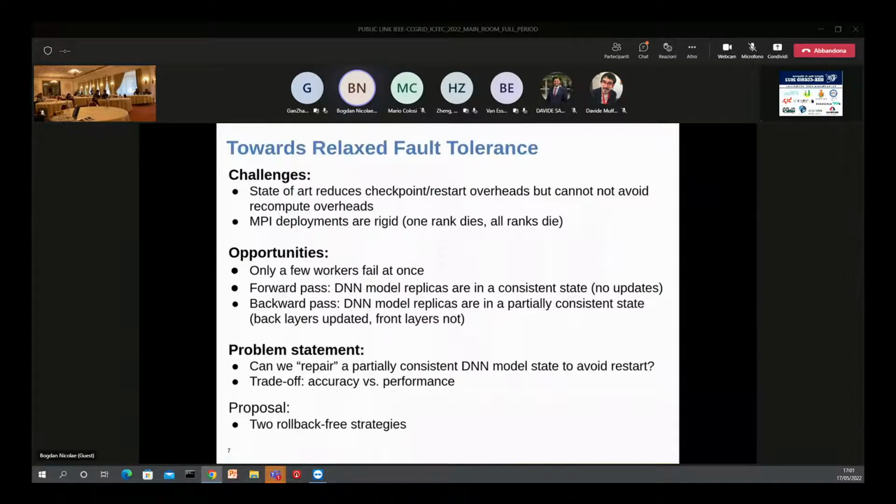So this situation is easy to address. The question now is what happens if a failure is during the backward pass? And in this case, it could be that we manage to update only a few of the layers, and other layers remain unchanged, and therefore we are in an inconsistent state.